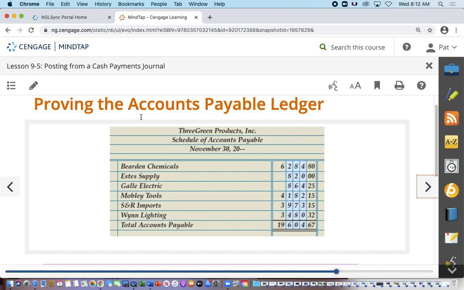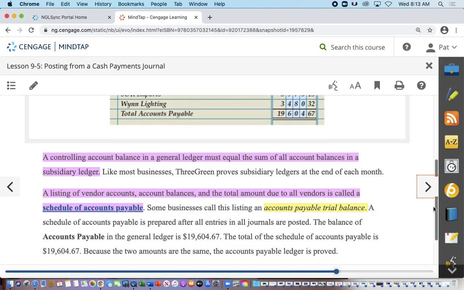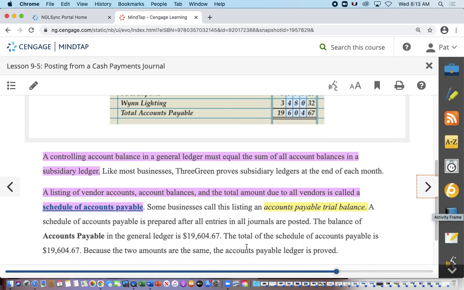What you do is you post all the amounts of money that we owe each of these vendors, and this $19,604.67 should equal our accounts payable number. The balance of accounts payable in the general ledger is $19,604.67. This number for the accounts payable ledger is $19,604.67, so that means it's equal.